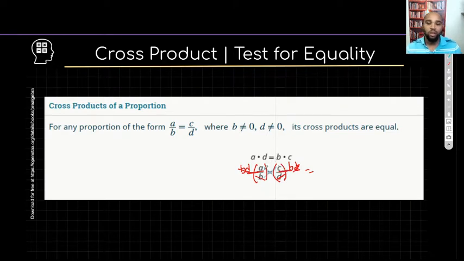So you're keeping this proportion equivalent by multiplying the same thing on both sides in order to get rid of those denominators. And we're left with the other part of that denominator, D in this case and B in this case over here. So that's how you end up with that.